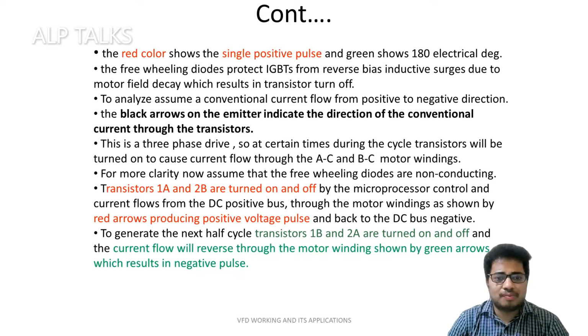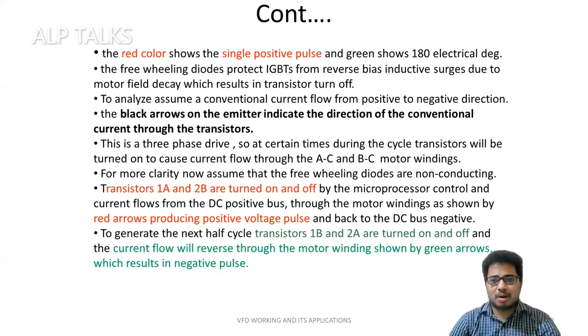The freewheeling diode protects the IGBT from reverse bias inductive surges due to motor field decay, which result in transistor turn off. To analyze, assume a conventional current flow from positive to negative direction. The black arrow on the emitter indicates the direction of conventional current through the transistors.